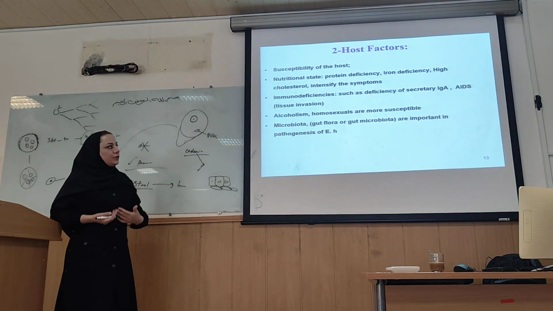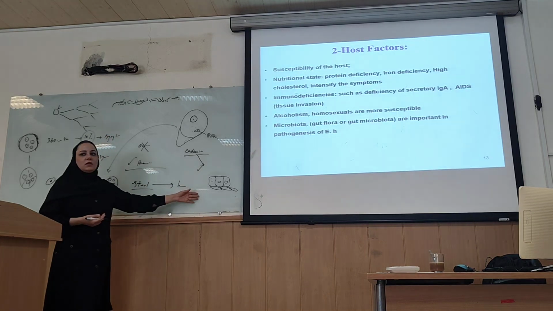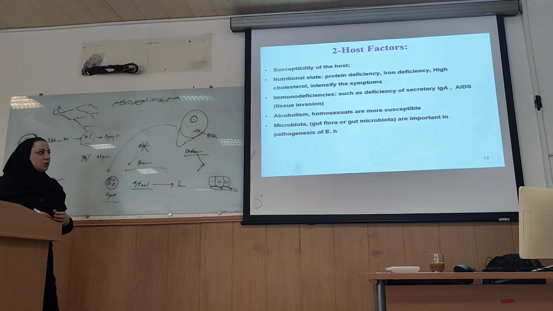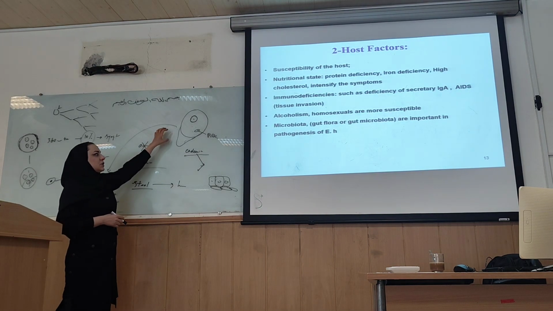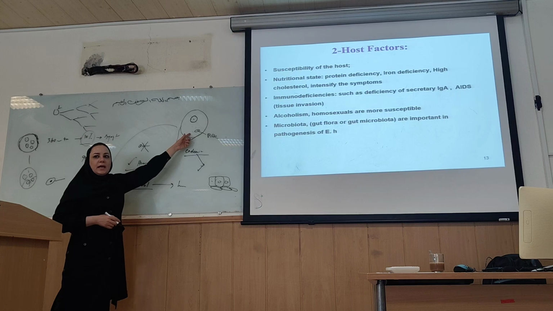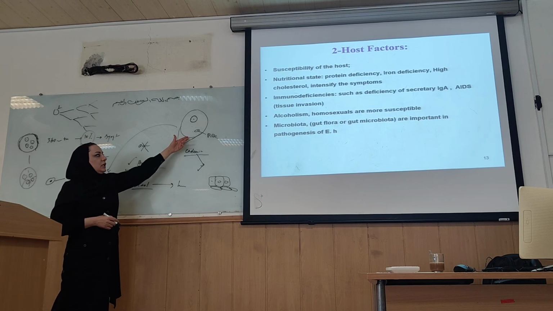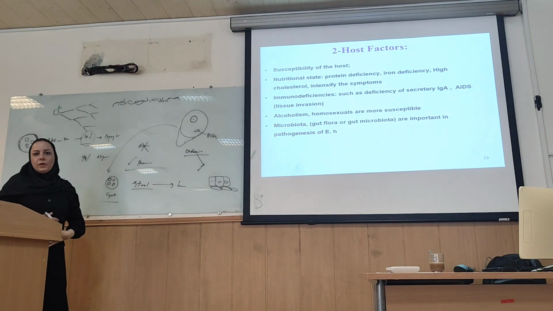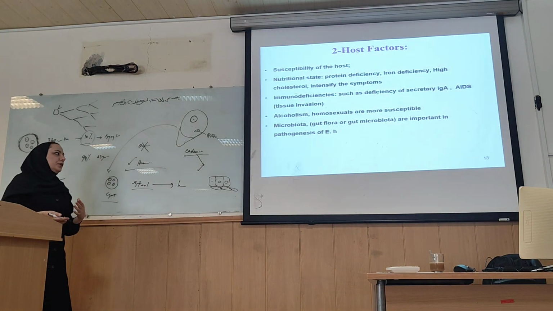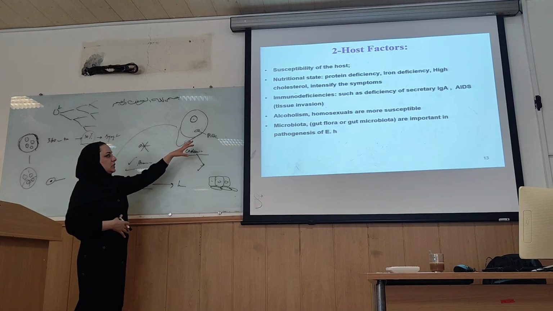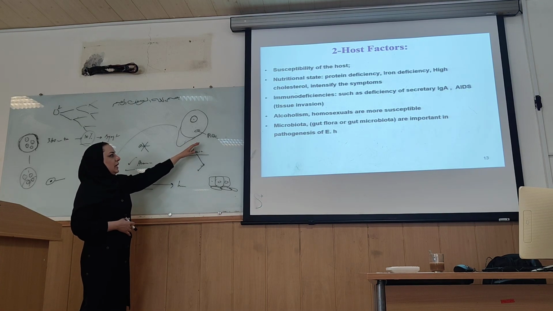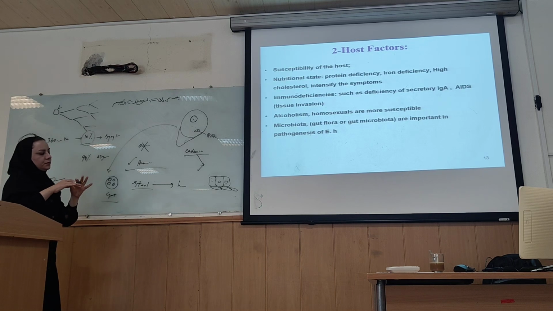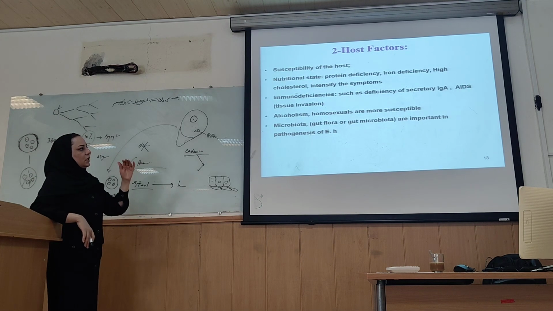Or if we have iron deficiency, because it needs iron, it needs RBC. For example, histolytica is very dependent on iron, because of that they phagocytose RBC. If there is enough iron in the lumen of the colon, they use this iron, and the symptoms are lower.